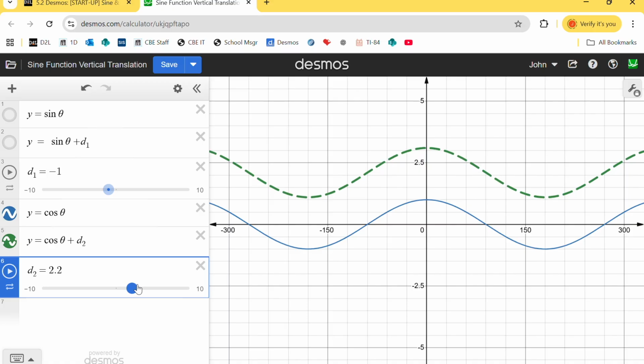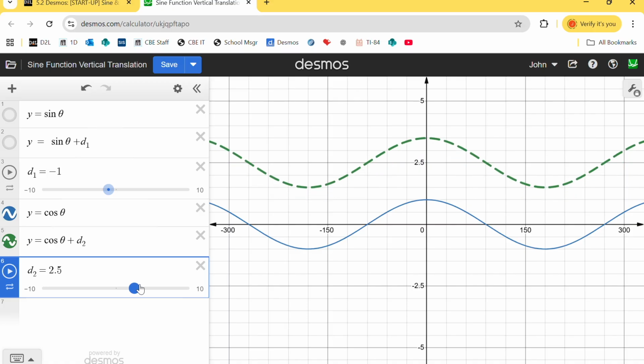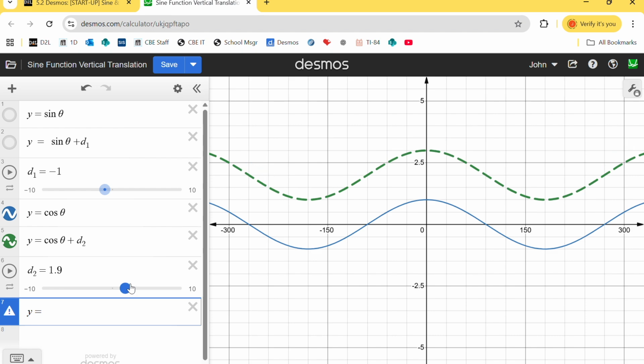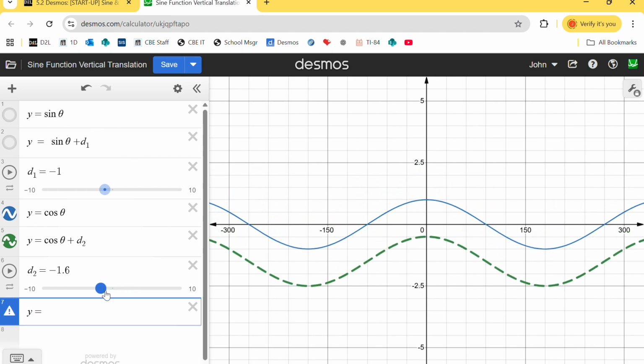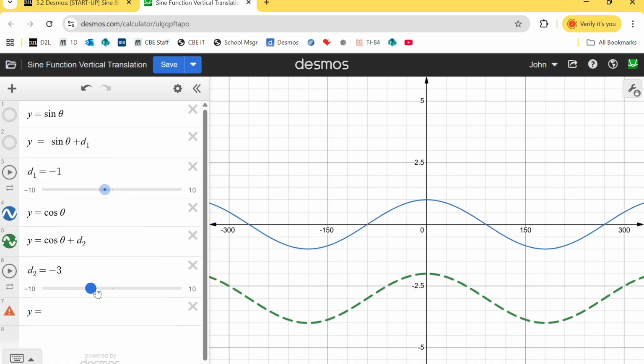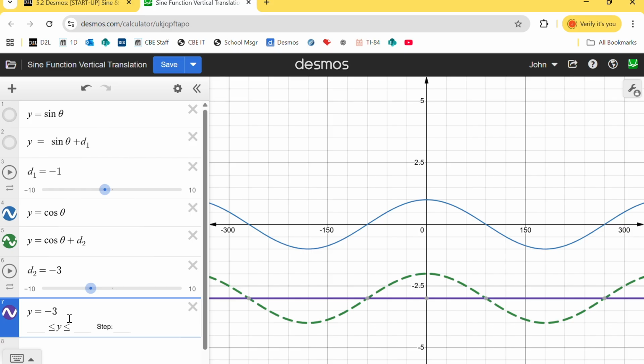So if I have a d value of positive 2.5, then my new sinusoidal axis will be at y equals 2.5. Likewise, if I have a negative d value for this cosine function, let's say d equals negative 3, then the sinusoidal axis will also shift down to a new equation, y equals negative 3. That's the vertical displacement.